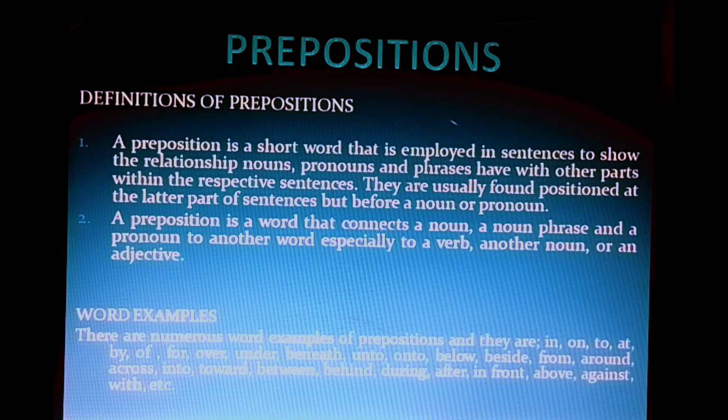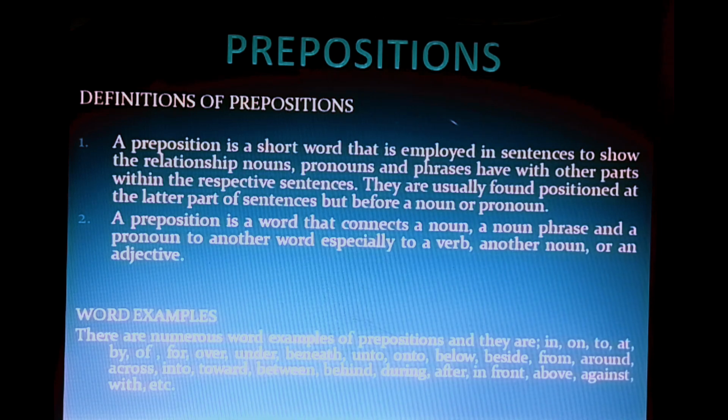We have in, on, to, at, by, of, for, over, under, beneath, unto, onto, below, beside, from, around, across, into, toward, between, behind, during, after, in front, above, against, with, etc. There are a few more to be added to this.